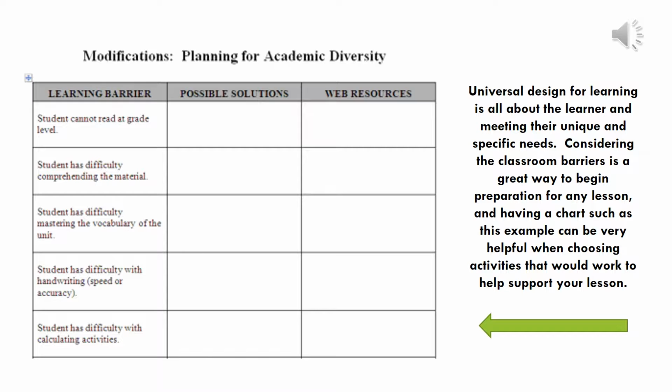We work with many ESL students, exceptional education students, and students at different backgrounds. When we consider the things that we need to be aware of as we're planning instruction, it can really help us to enhance our lessons and make them more effective. Having a chart such as this filled out with most of your student needs can help you refer to this when you plan to make the best decisions for the lesson.